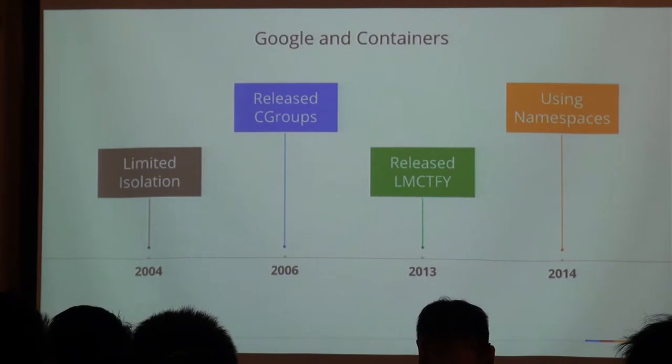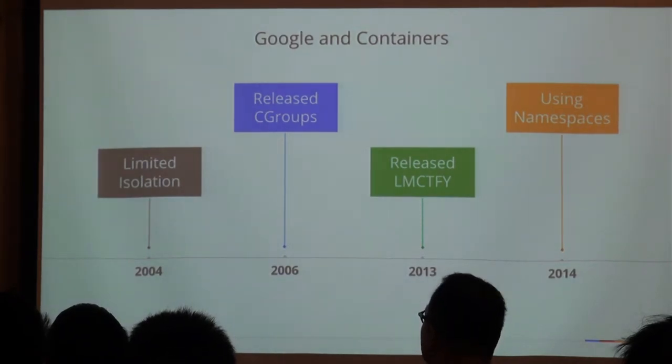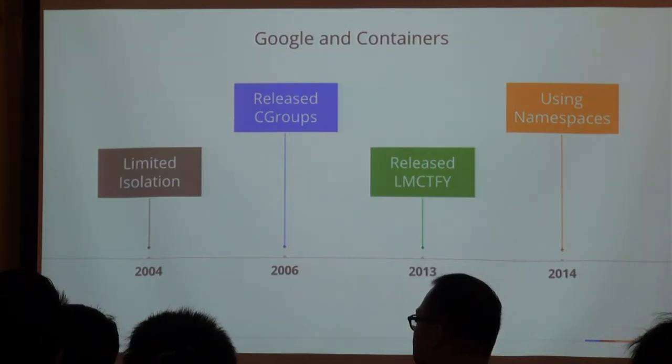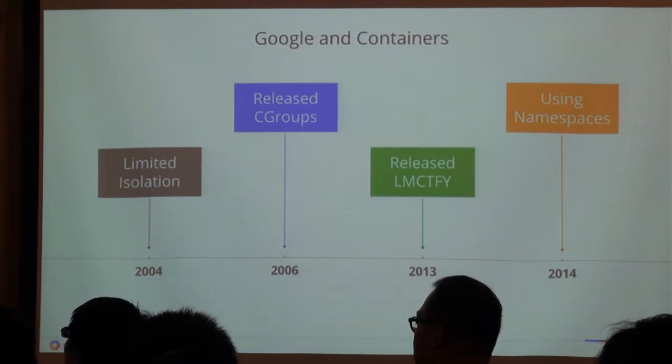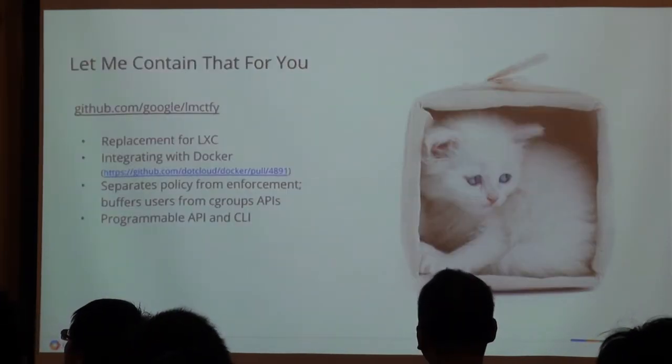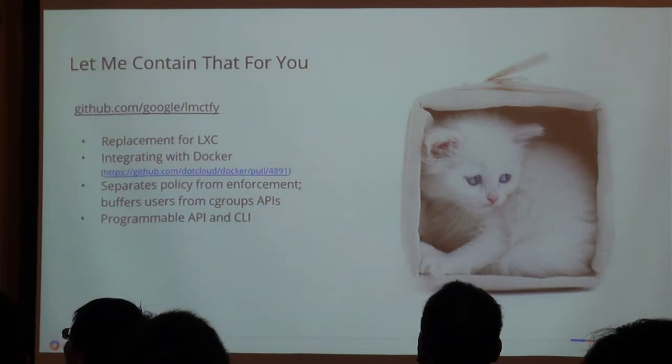So that's just to show you that, as a company, we are really excited about containers. Because personally, I think containers are going to be the future of how things get deployed. And you guys are all in the right room to meet them. So yeah, that one is let me contain that for you.